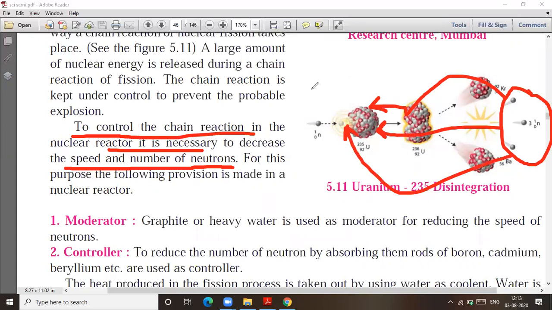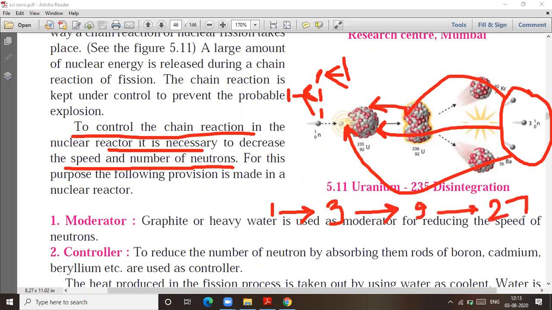So first one, then you got three from one, then again it forms three, right? First you have one, then you get three neutrons, then nine neutrons, then 27 neutrons, then those 27 again go and form 81, and this process goes on continuously.